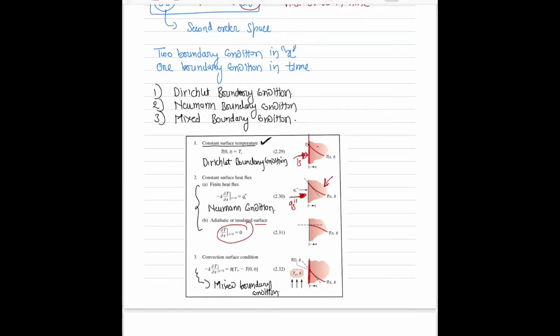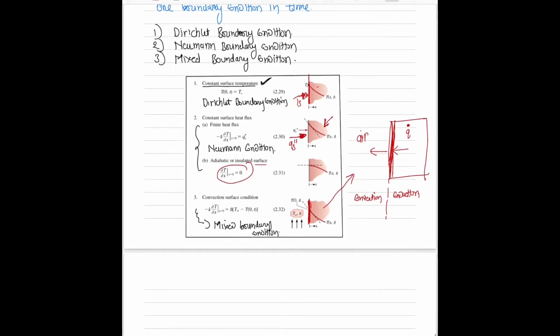In the third case, we have a convection boundary condition. To explain further, I have a surface that is a solid block, and there is air outside it. If there is heat generation inside this block, the heat will transfer from the block to the air. First inside the block there will be conduction, and then outside the block there will be convection.